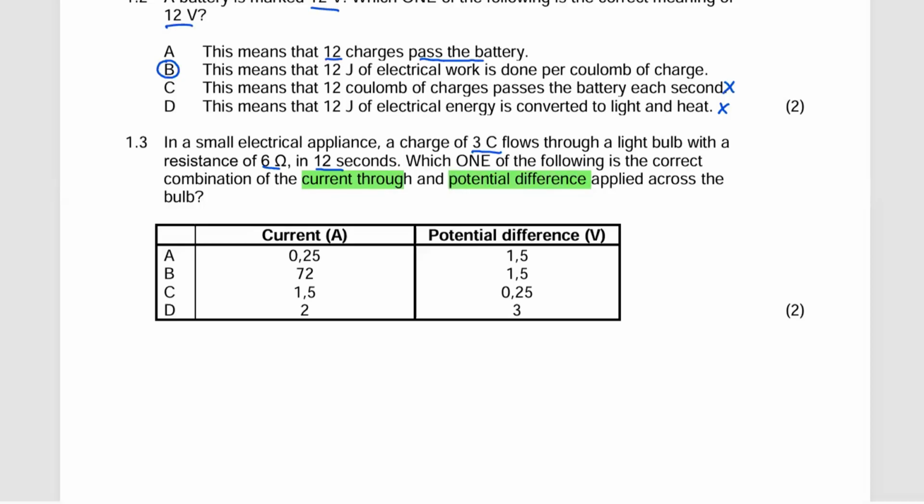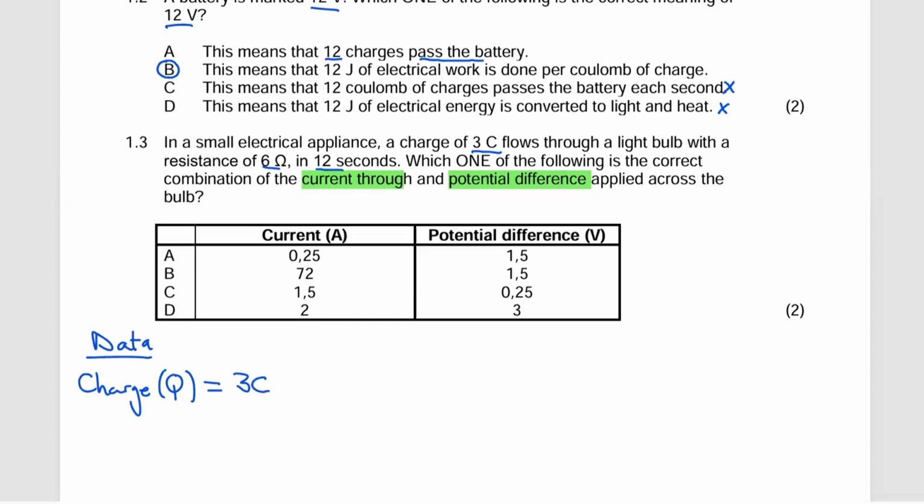So now what we are supposed to do here is to work out the formula that is actually going to show us how we calculate our current, right? So I will start with the data or the information that is actually given there. So this is our data. According to the information there, we have got our charge, or Q, or just a capital letter Q there, is equivalent to 3 coulombs, like that.